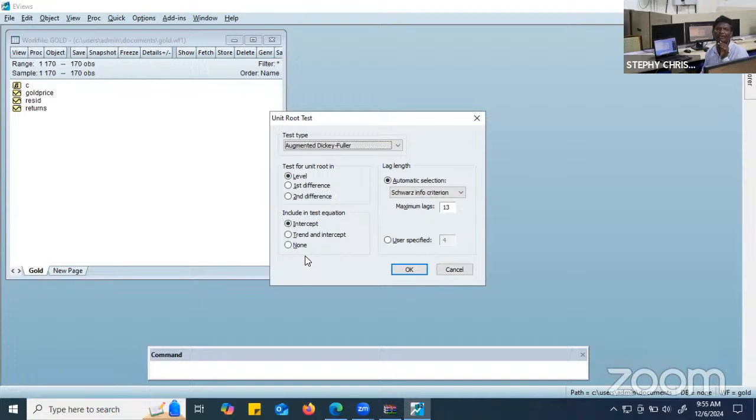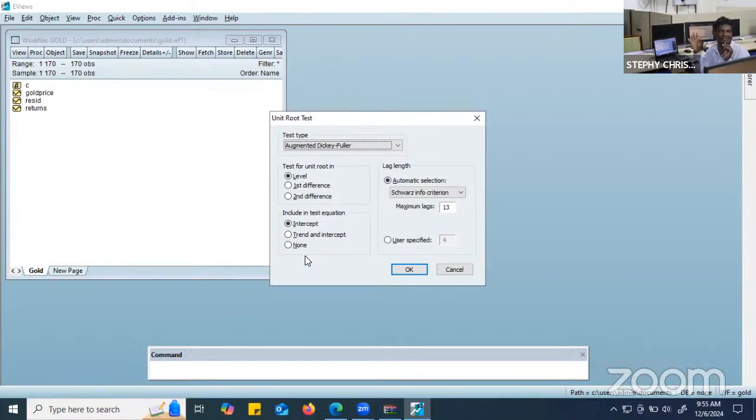The first equation is with intercept alone. The second equation is with intercept and trend, it's your choice. Trend means the time trend you are incorporating in the equation. And the third equation is with no intercept and no time trend: Yt is a function of Yt-1 without incorporating the constant and the time trend.